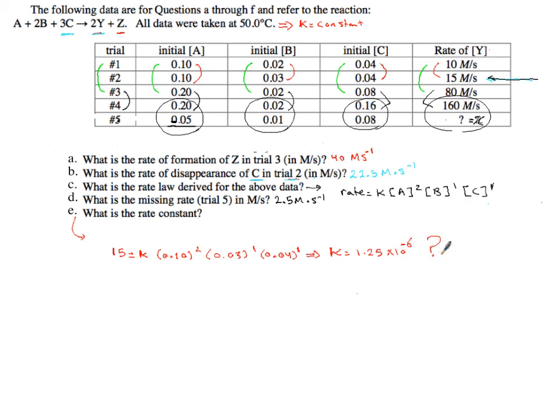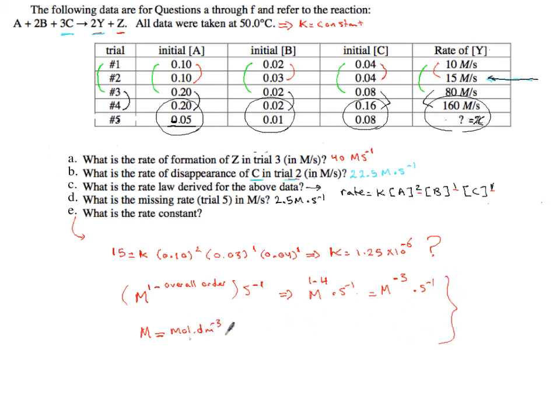Now what is the unit? The unit for this, you should remember, is molarity to the power 1 minus overall order times second minus 1. Overall order was 4. So this is 1 minus 4 times second minus 1. So it's molarity minus 3 second minus 1. Now molarity compared to SI is simply mole over decimeter cube.